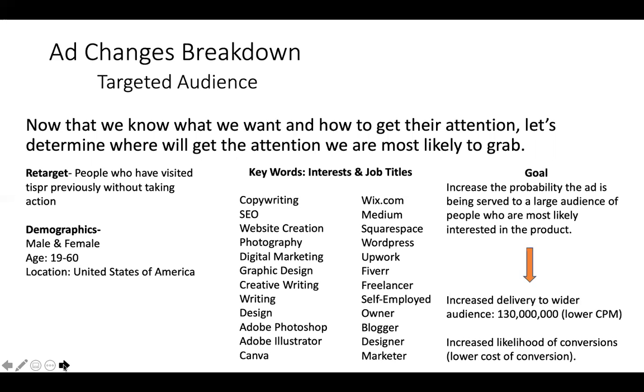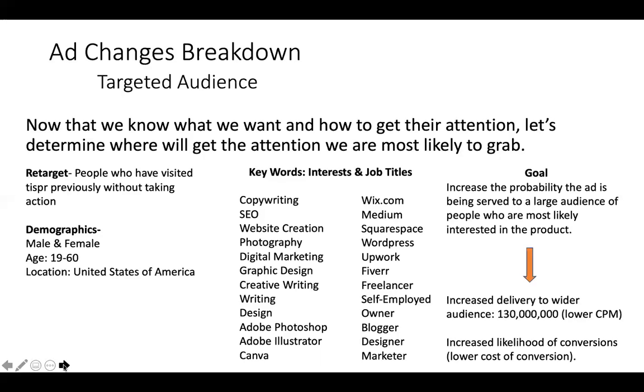Pretty open demographics with male and female, a big age range. But here we want to look at keywords. These are going to be interests and job titles that appear for the audience. These are people who are most likely freelancers or people who are doing this type of work who the product would benefit. So copywriting, SEO, design, people who use Photoshop or Canva.